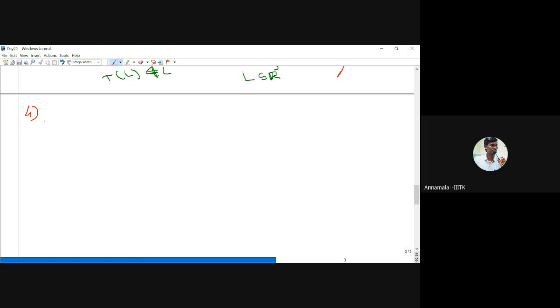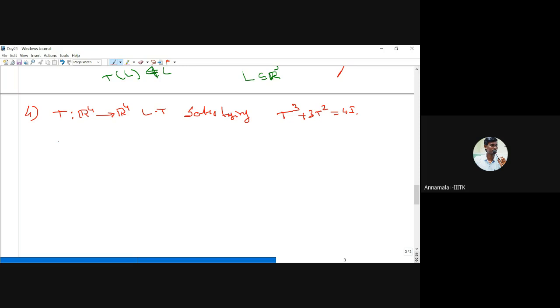Suppose T is a linear transformation from R4 to R4, and this T satisfies the condition that T cube plus 3T square equals 4 times I, where I is the identity map.